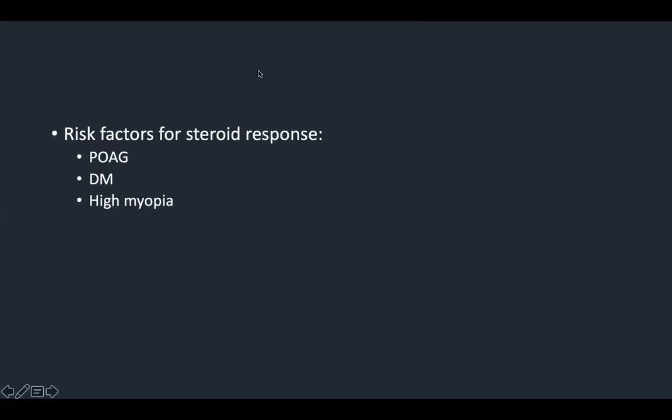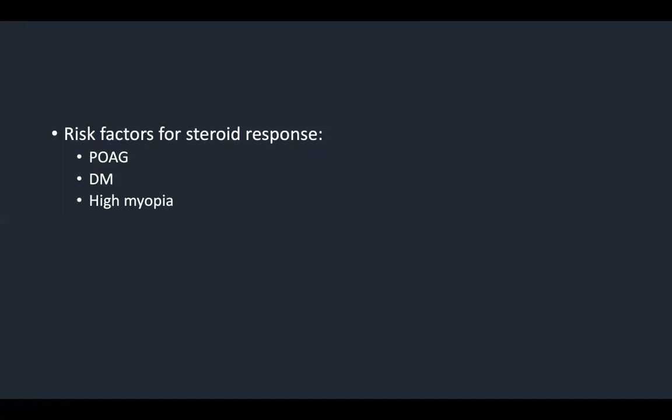You continue the Alphagan? I will stop the Alphagan and put her on Timolol. What about the Lumigan? I honestly don't remember all the pregnancy related medication.